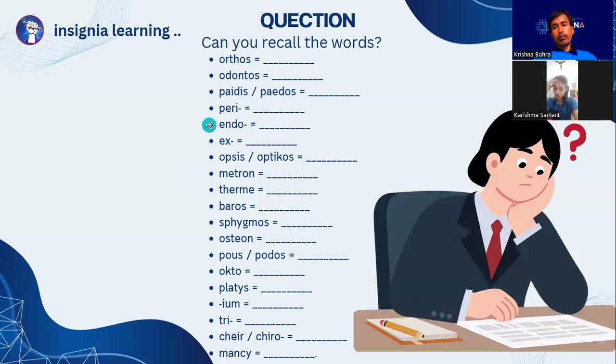Metron means to measure something, okay?